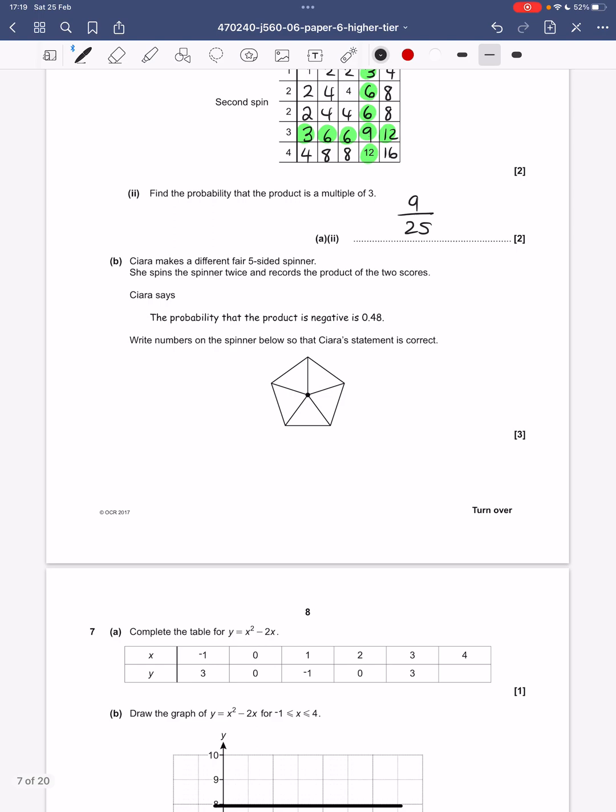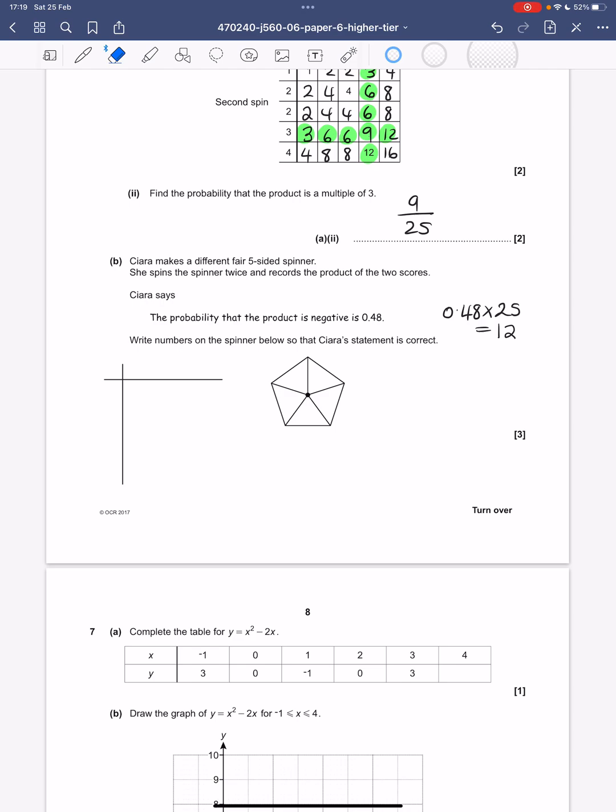Okay. So what we'll do first of all, let's set up a table. 0.48, and there's 25 in there. That will come up as 12, because, let me just check, I'm pretty certain it's 12. 0.48 times 25 is 12.